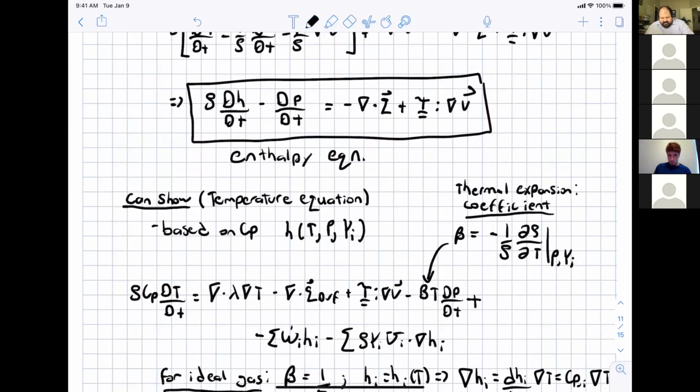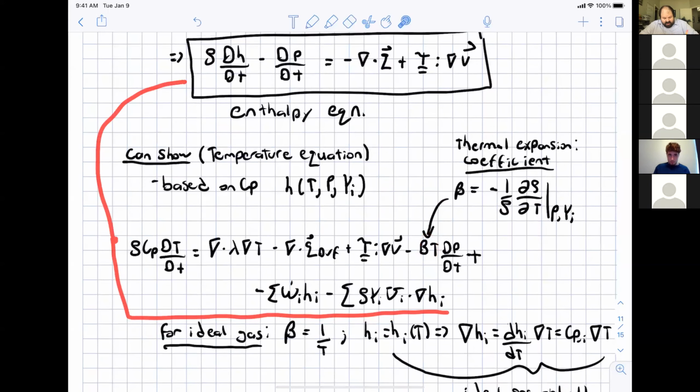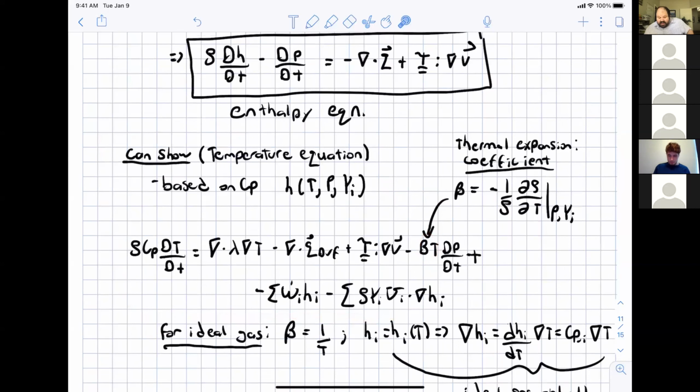You can substitute that in, use some Maxwell's relations and things like that, and you wind up with rho times Cp dT/dt equal to this huge mess over here. And you have this beta T here, and beta is the thermal expansion coefficient, which is defined like this. Okay, so you guys will be starting from here and deriving this for your homework.